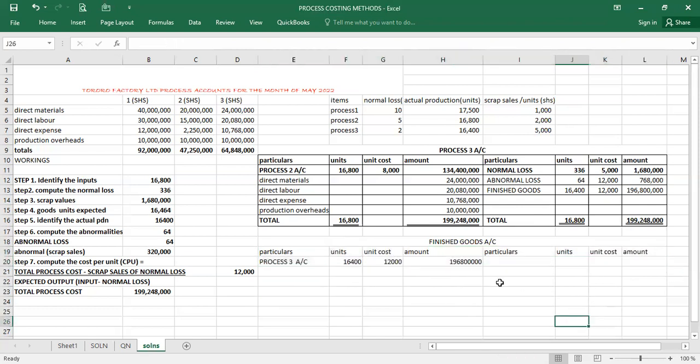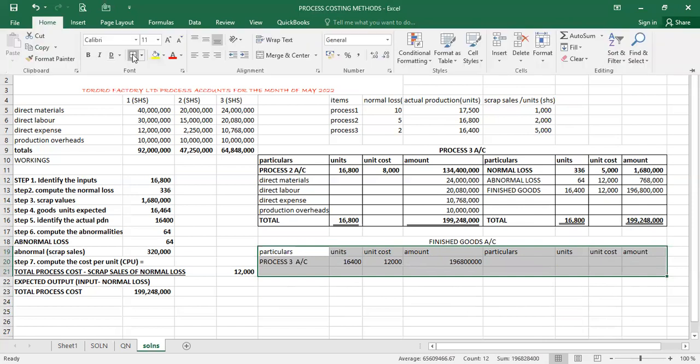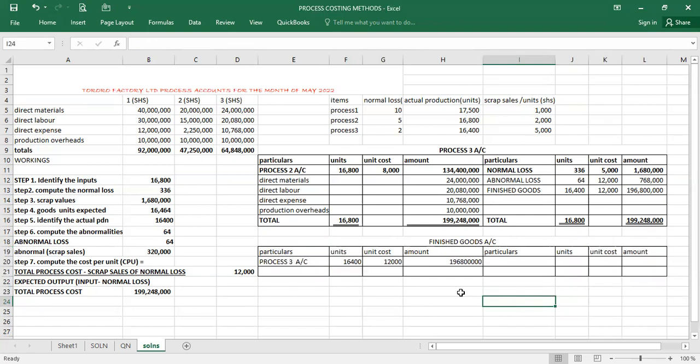But there is something I want to show you. Let me make it a bit, I put it on 2 lines. Put in the borders. This is what I want you to understand. When you're doing accounting, you know that when we've got the finished goods, where do we transfer those items?